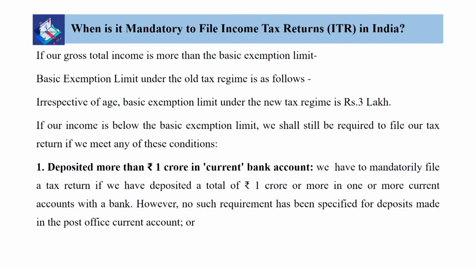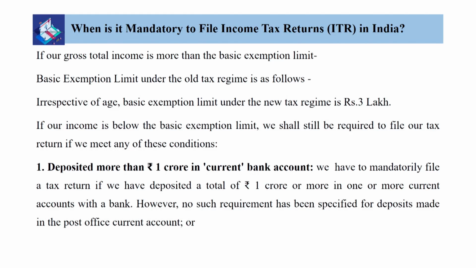The basic exemption limit under the old tax regime is as follows. Irrespective of age, the basic exemption limit under the new tax regime is 3 lakh. If our income is below the basic exemption limit, we shall still be required to file our tax return if we meet any of these conditions.